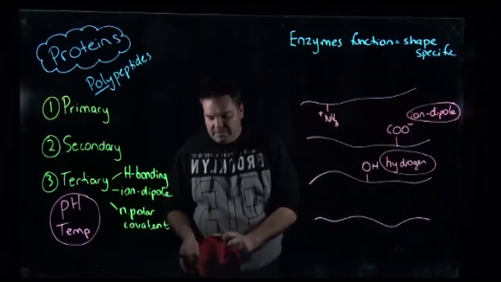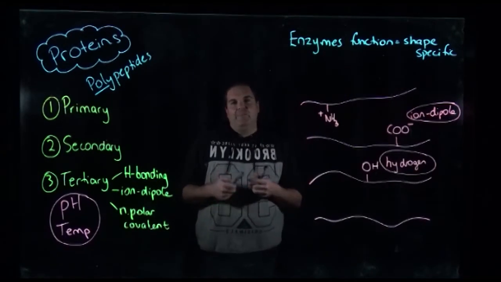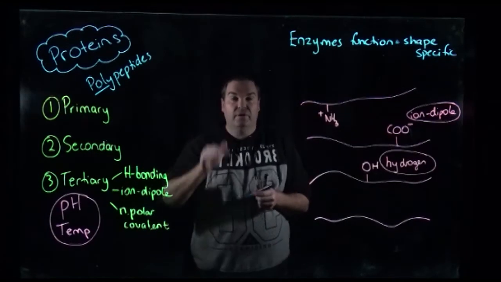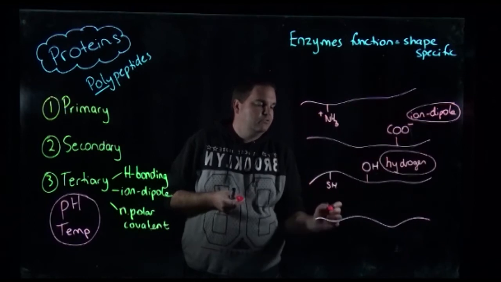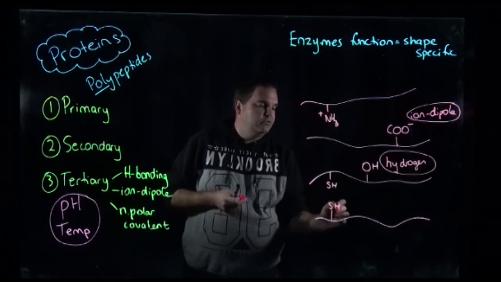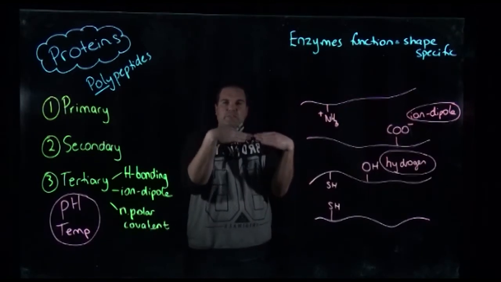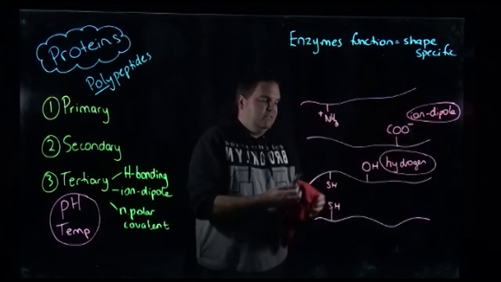Remember I said there's one particular amino acid which can give you non-polar covalent bonding. That amino acid is cysteine, and cysteine has a sulfur hydrogen group on it. So it looks a bit like this at the end of the chain: sulfur hydrogen, and then sulfur hydrogen like this. Now, if you manage to get two of these cysteine groups to line up opposite each other, what actually happens is this.